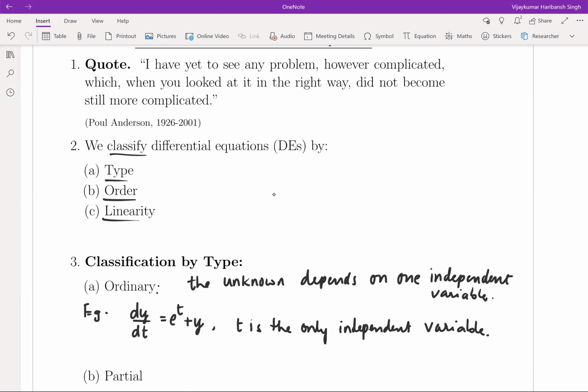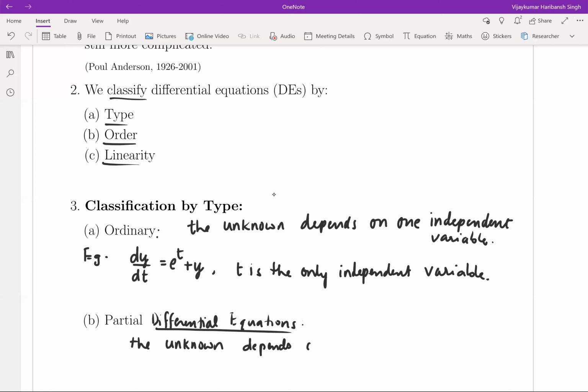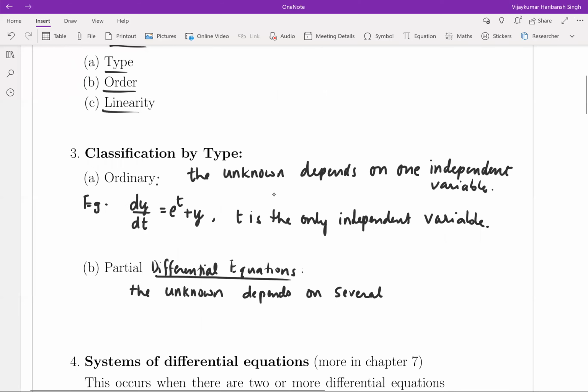In contrast to that, we have what are called partial differential equations. In partial differential equations, the unknown, or the function for which you're trying to solve, depends on several independent variables.